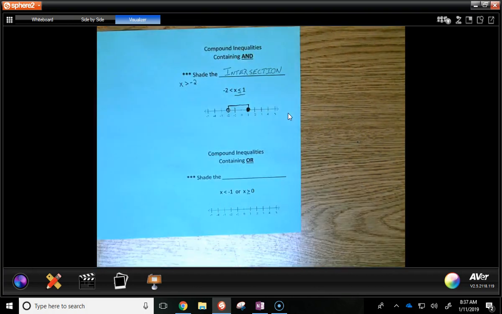But this tells me, as a mathematician, when I look at this graph, if I didn't see any numbers, I just saw the line graph, I know my answer. I can choose any number as long as it is bigger than -2 and it is at most 1. It could be 1 or it could be smaller than 1. Any number in between -2 and 1.